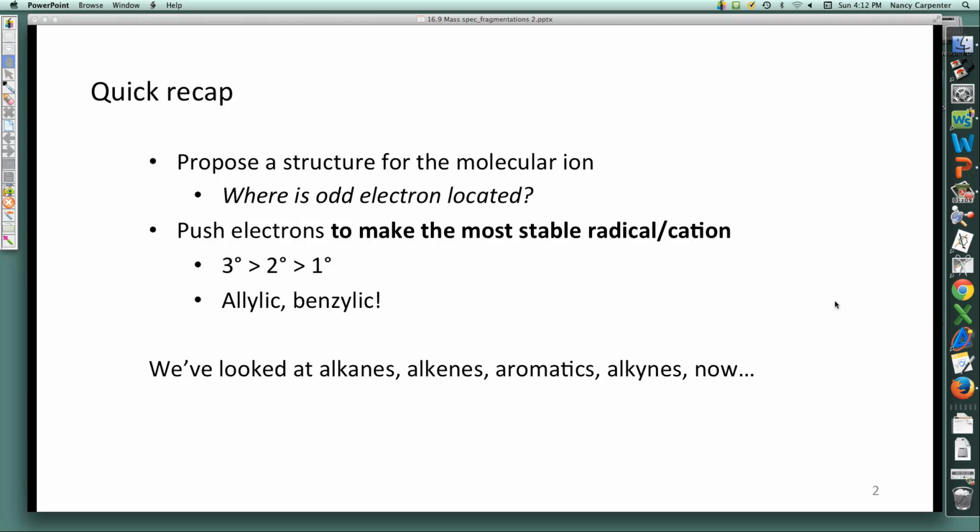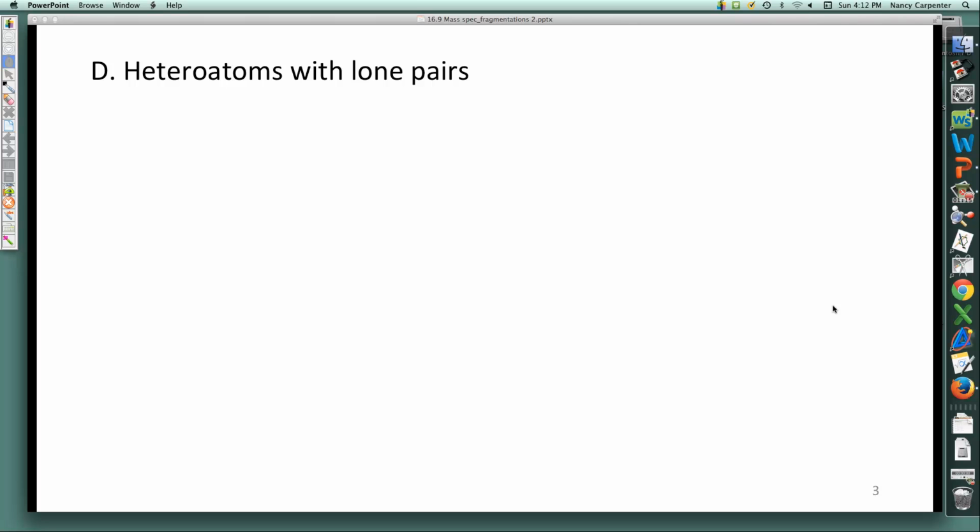So, thus far, in the previous mini lecture, we looked at alkanes and pi electrons. Now, we're going to focus on those heteroatoms, oxygen, nitrogen. This applies to any heteroatom, sulfur, phosphorus, you name it. So, halides, ethers, alcohols, amines, carbonyls, all of them apply. And they all have the same kind of pattern.